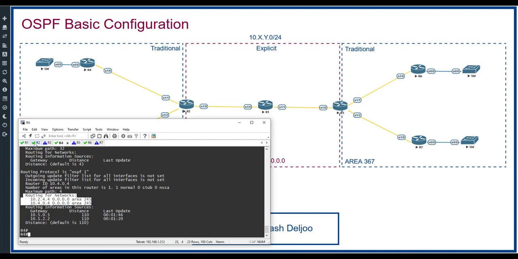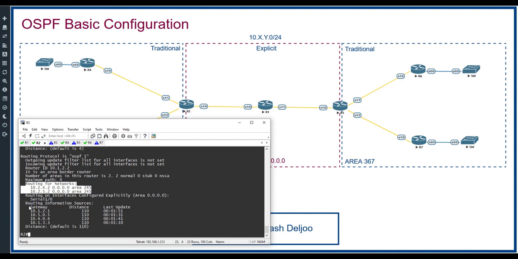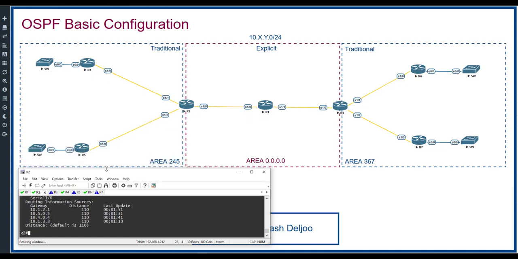The next thing we should know is that here we have some information. For example, in router 2, the gateways mean the routers that we are receiving link state from, including these four routers: router 1, router 3, router 4, and router 5. Routers 1 and 3 are in this area, 4 and 5 in area 247.